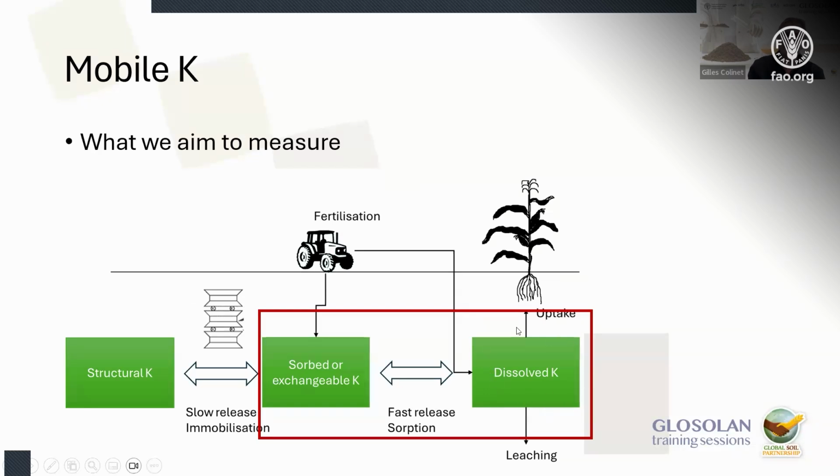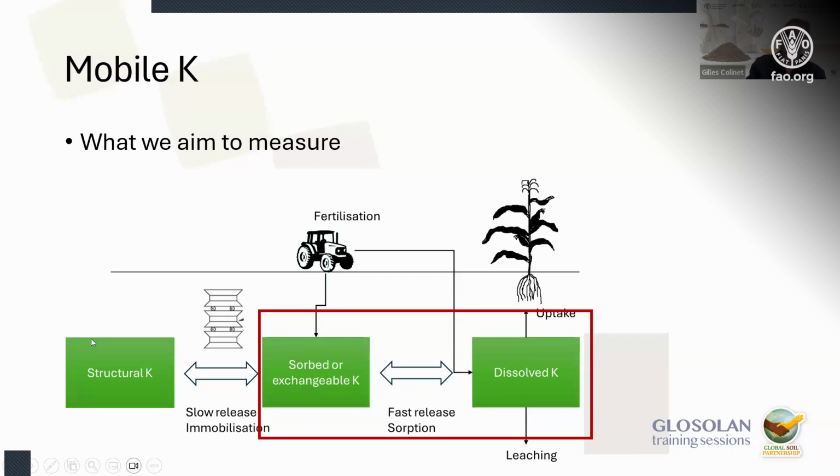So the dissolved potassium is important to know, but also this solution is interacting with the mineral phase, and it's mostly the clay content, on the cationic exchange capacity, where you will find some negative charges that can adsorb the potassium.